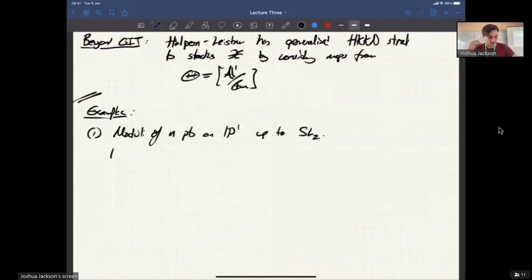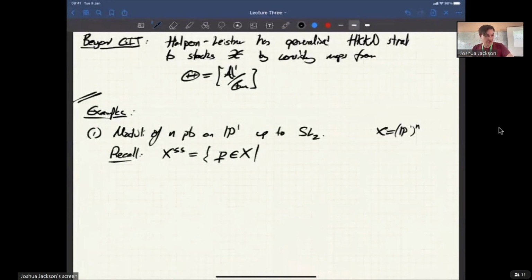Recall, I said last time at the end that you can show using the Hilbert-Mumford criterion that the semi-stable locus for this, where X here is P1 to the n, is the set of points such that fewer than n over 2 points coincide anywhere.